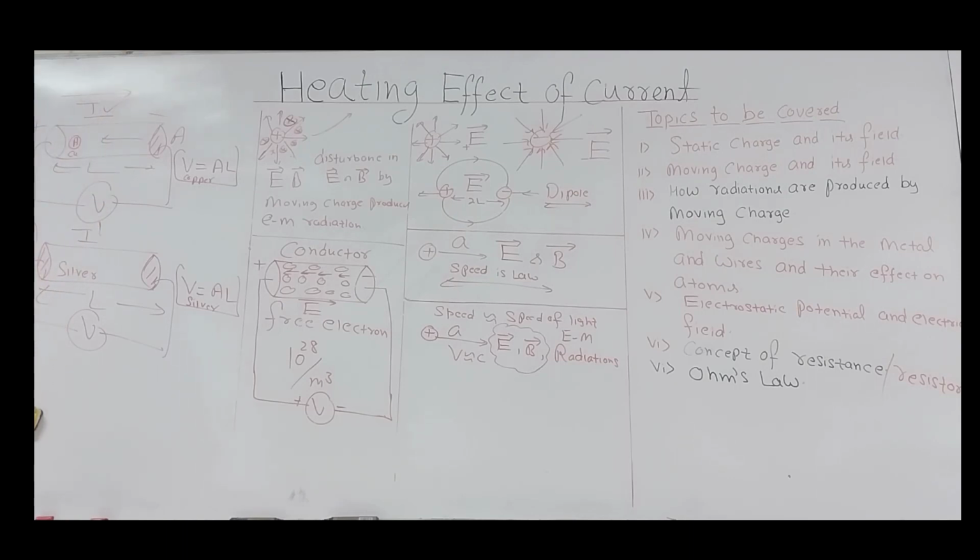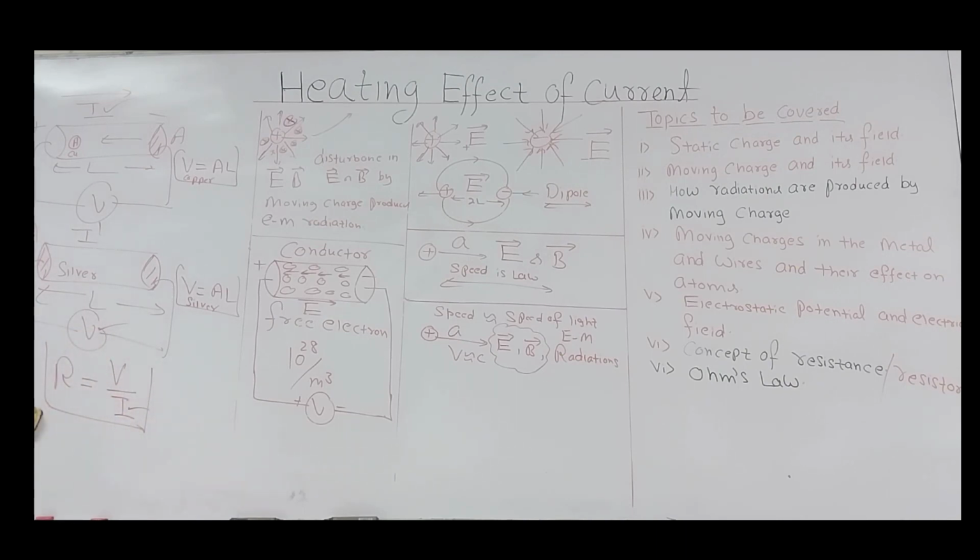So actually, what is resistance? How much current is produced in a wire under a potential defines its resistance. So we can say R is equal to V divided by I.